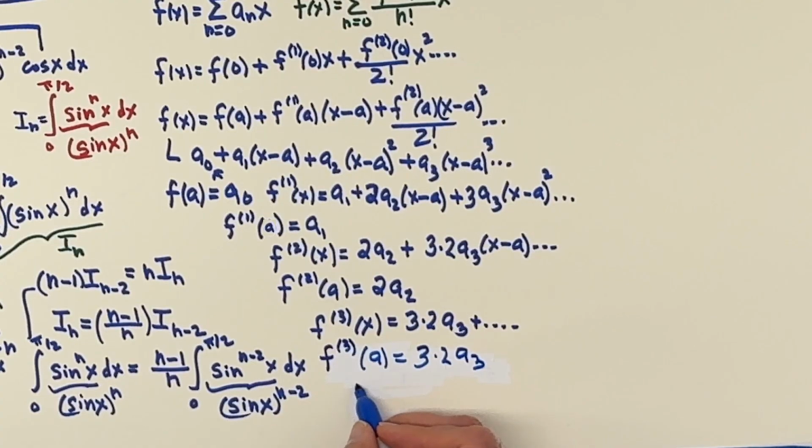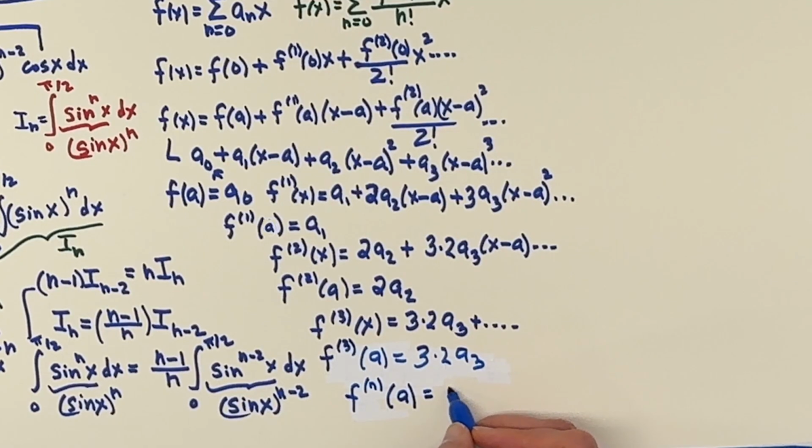So using this kind of logic, the nth derivative, when evaluated at a, will be equal to n factorial times a sub n.